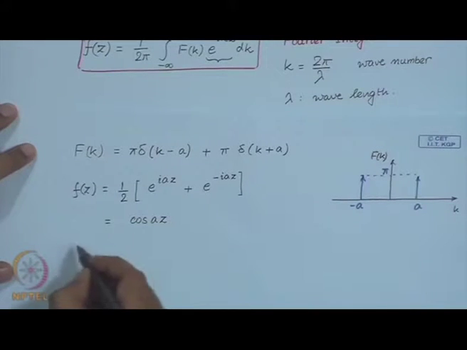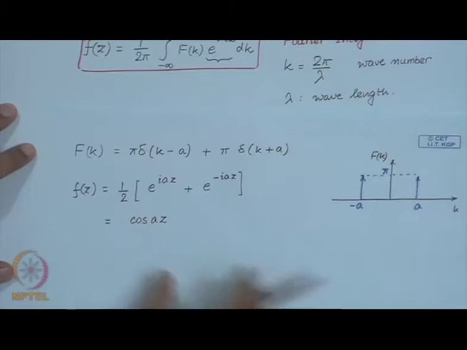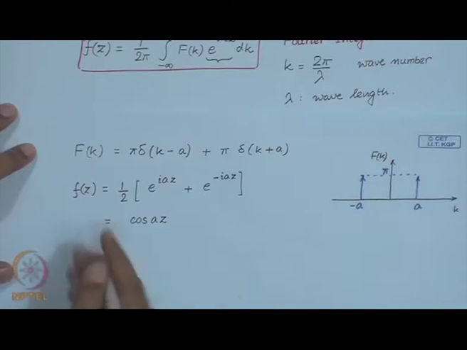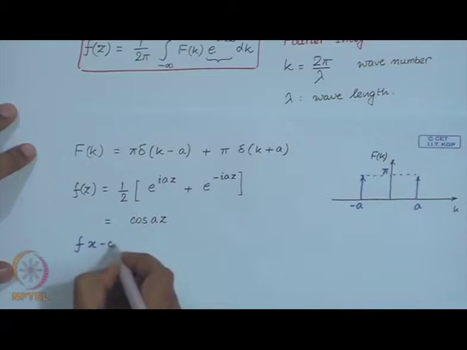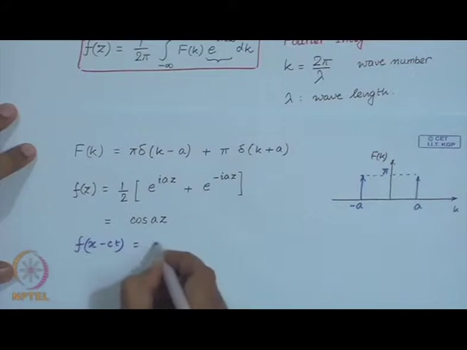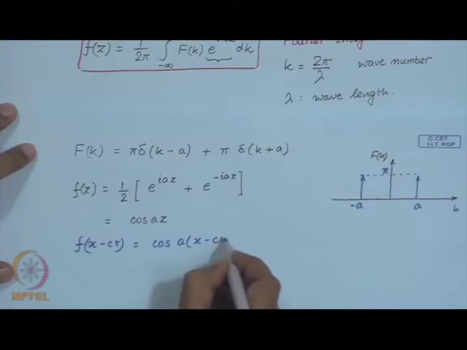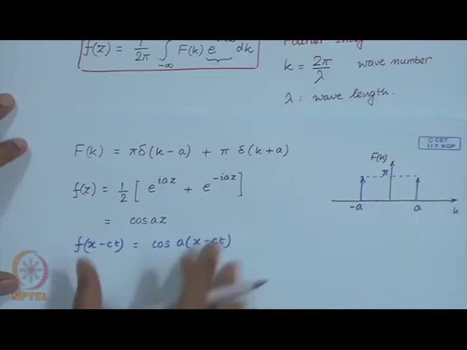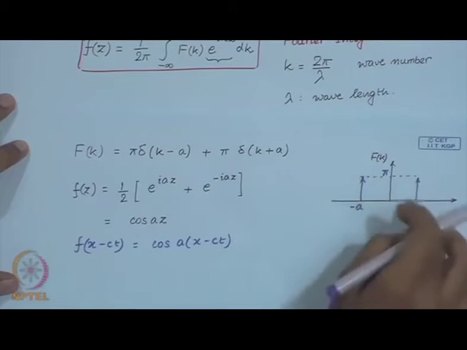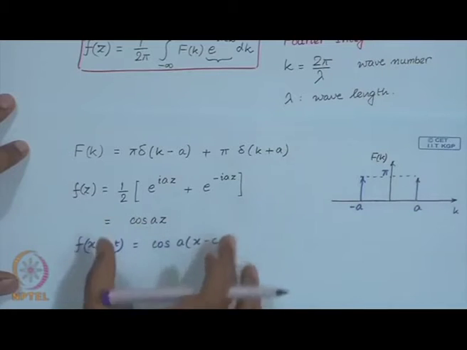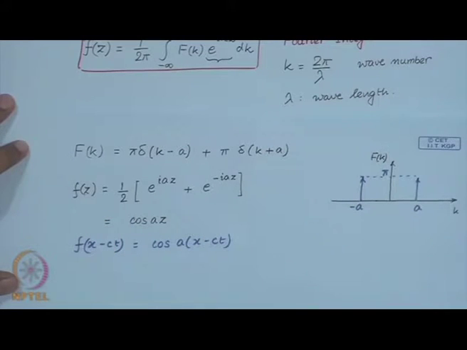So, if you want a propagating cosine wave, this is the representation, and this is, you can say, the spectrum of the cosine function.